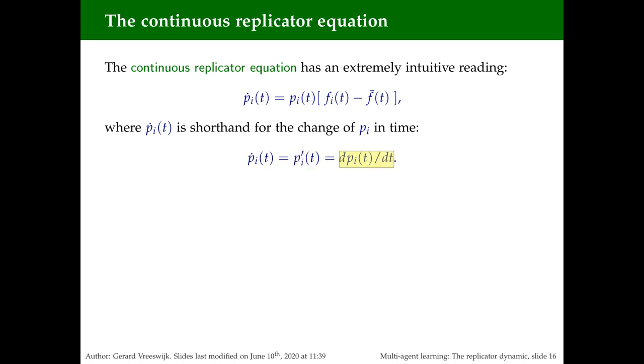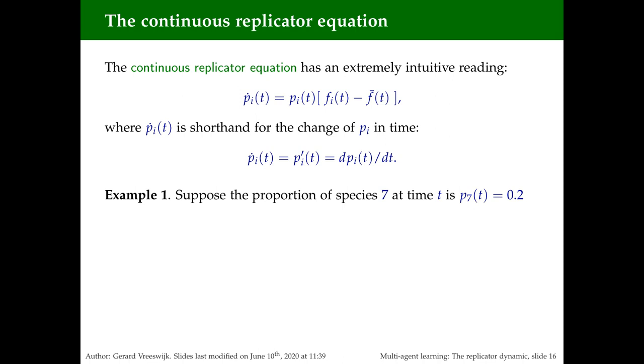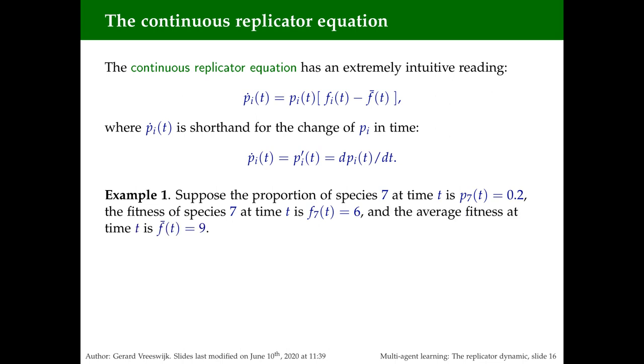Well, just to give a few examples, suppose a proportion of species 7 at a time point t is 0.2. So the presence of species 7 is 20%, and the fitness of species 7 at that time point is 6, and the average fitness at that time point is 9. Then the question is, what is the speed of growth for this species 7?